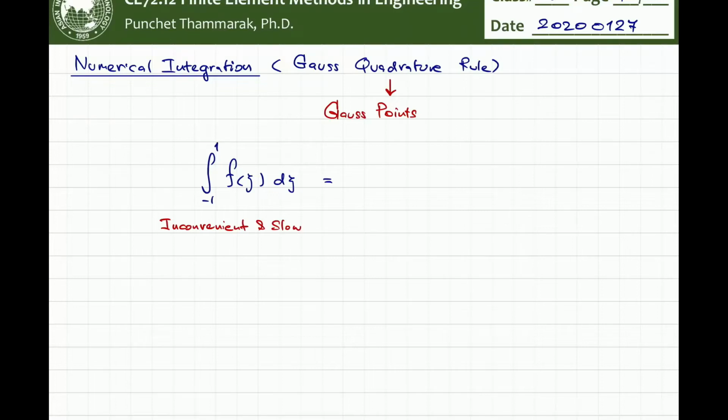We will carry out these procedures differently: instead of integration, we're going to do the summation. We sum the function f of c_i multiplied by w_i, where i goes from 1 to n. The n here represents the number of Gauss points you use in your integration scheme. The number of Gauss points is to be determined.